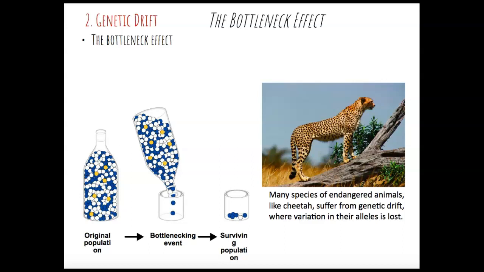This is particularly common in endangered animals like cheetahs, which suffer from genetic drift where variation in their alleles is lost. So there are so few cheetahs left in the wild that their genetic diversity is very, very low because only a few individuals survived to then go on and create the next population.